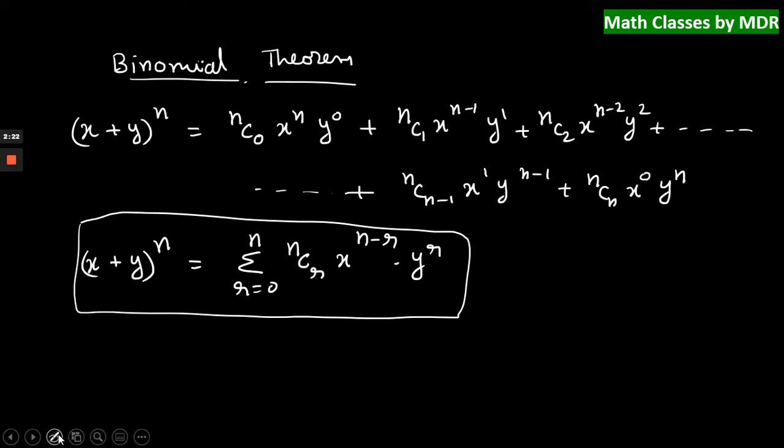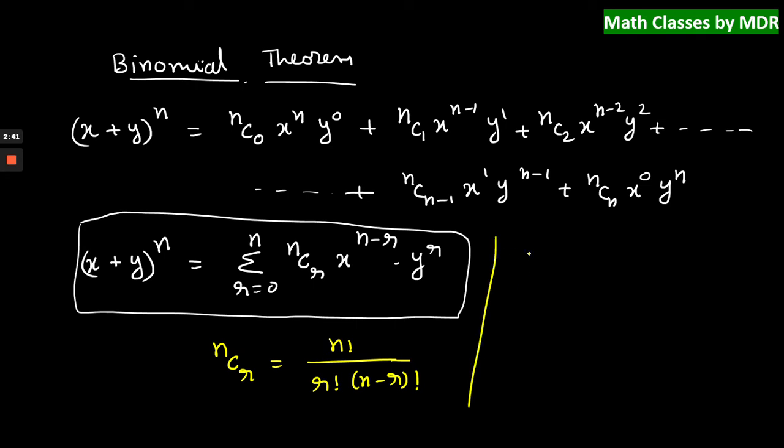And you know that nCr is nothing but n factorial by r factorial into n minus r factorial.